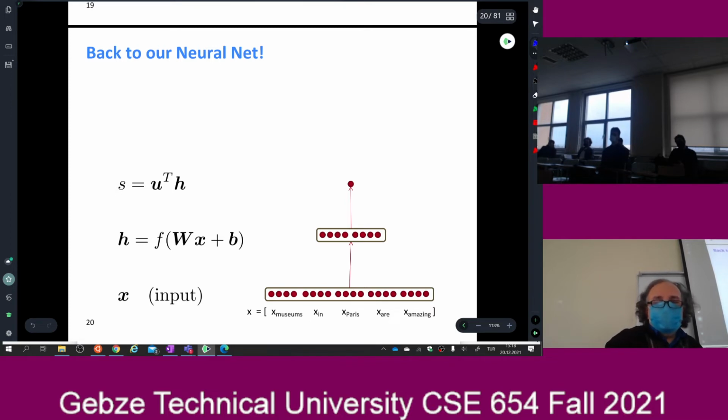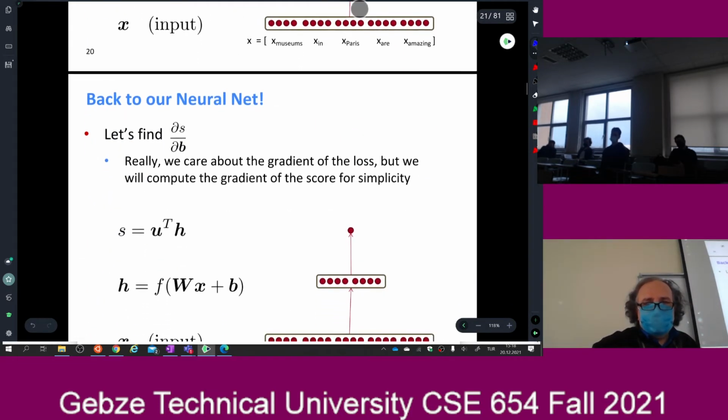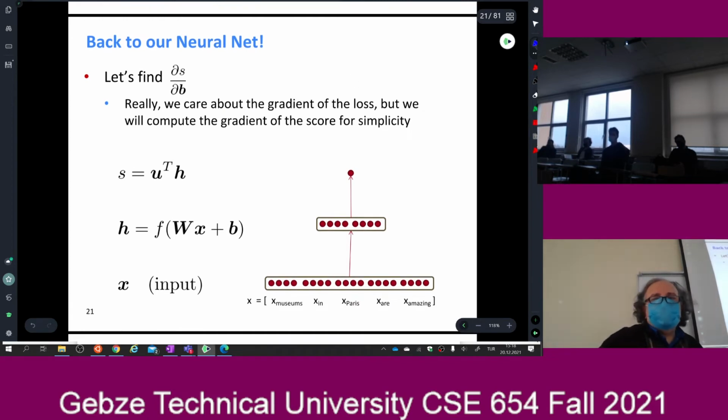But to make things a little easier, I am going to take the derivative of S with respect to B. Let's see how it does. Yes, it takes the derivative of S with respect to B, which is important because the B's are unknowns.